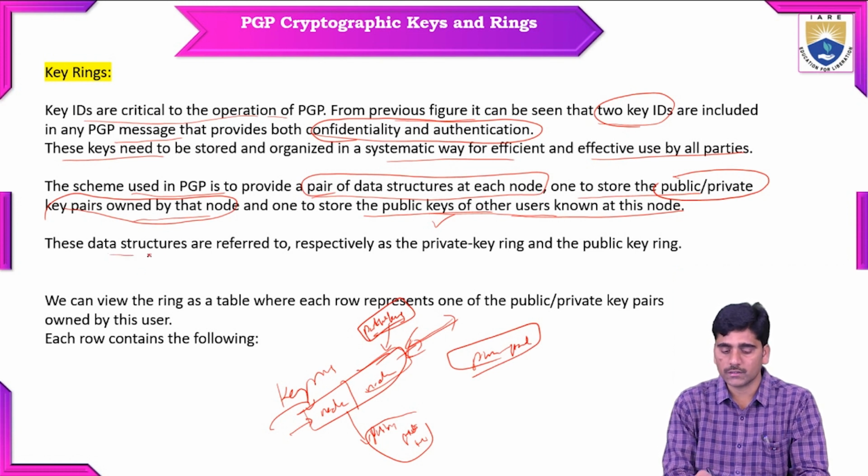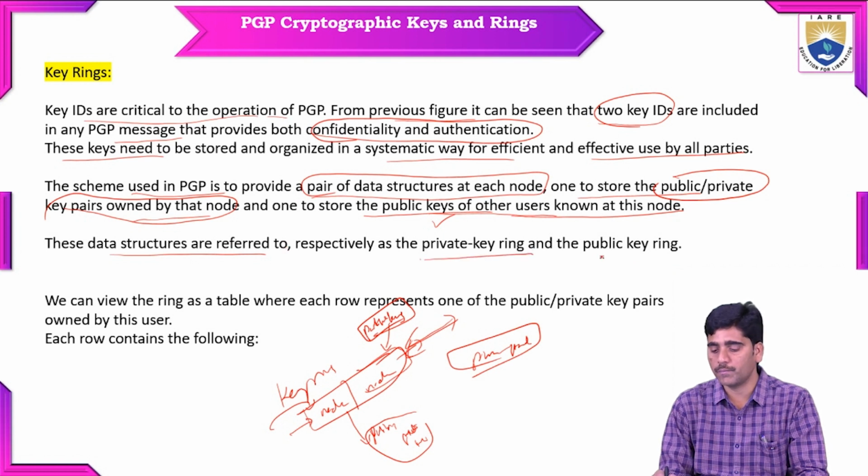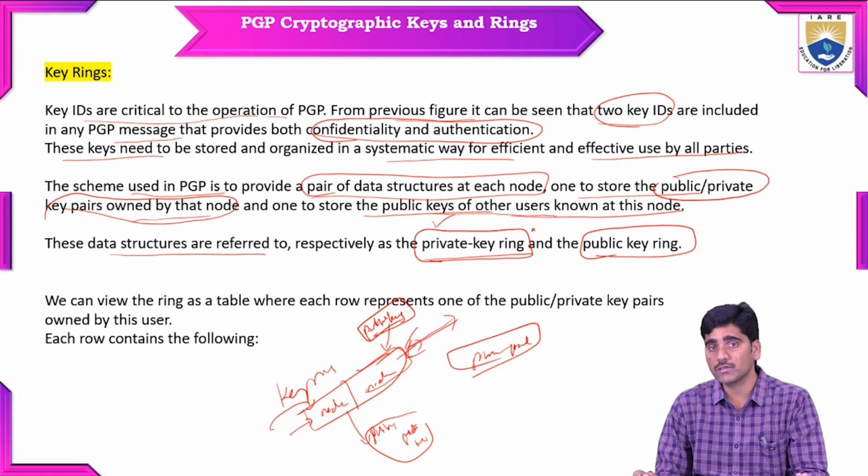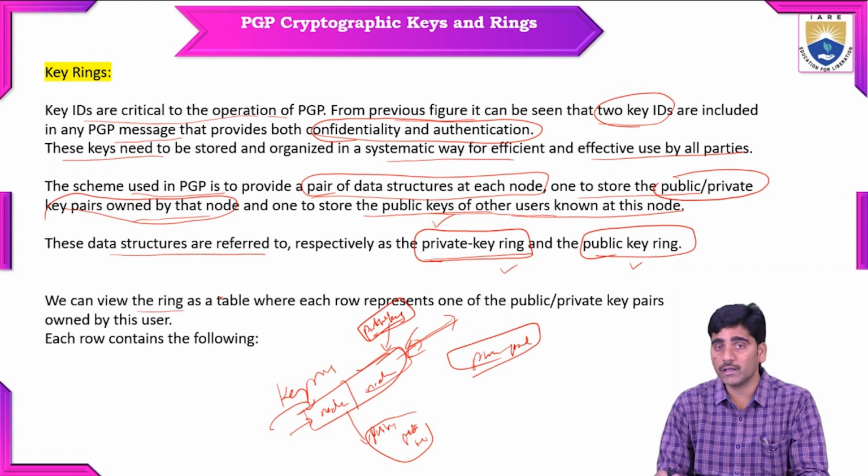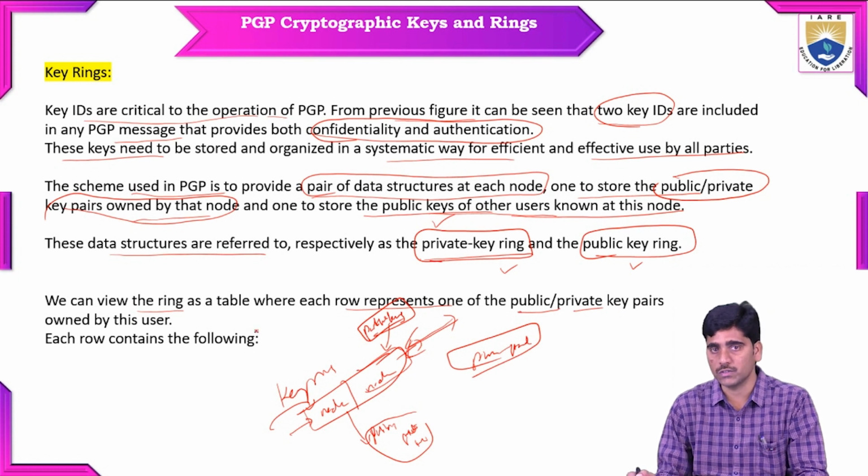These data structures are referred to respectively as the private keyring and the public keyring. We can view the ring as a table where each row represents one of the public or private key pairs owned by this user.